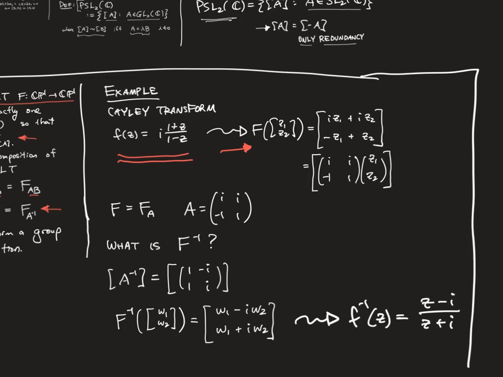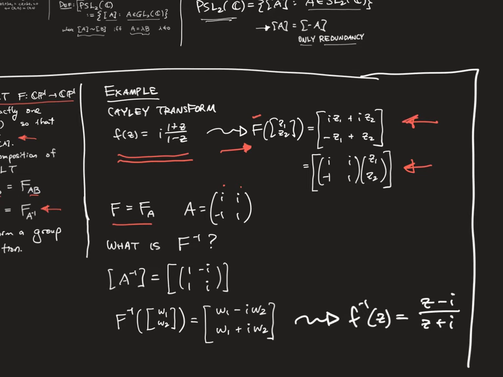Now, little f converts to this big F of this form just by looking at the matrix you would use, or the coefficients. And so big F has the matrix (i, i; -1, 1). So F can be represented with FA.